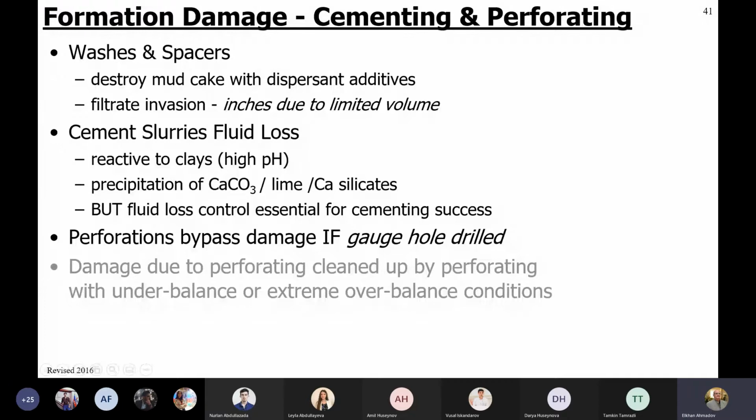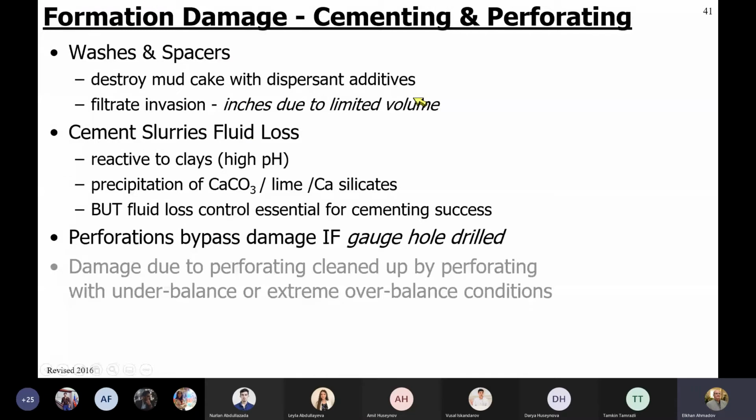So yesterday we talked about the formation damage caused by cementing and perforating, and the wash and spacers. When we prepare the wellbore for cementing, they destroy the mud cake, and the filtrate invasion goes into the reservoir, but not too much because of the limited volume of the fluids used.